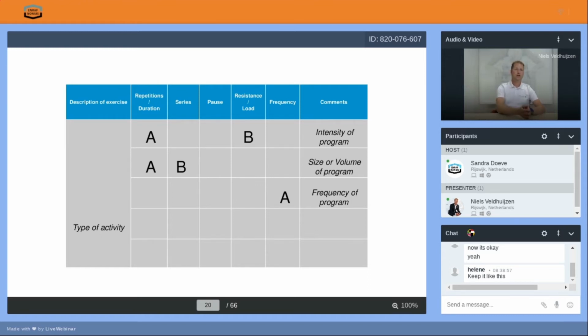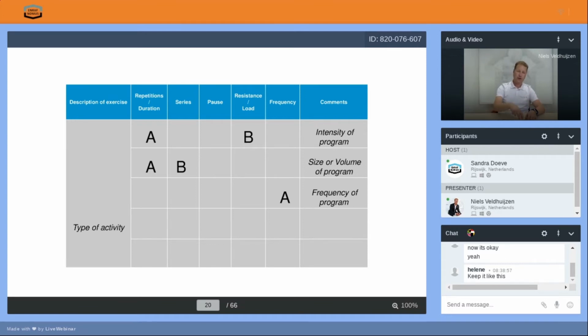You can either give an exercise with do 10 repetitions, or you could also say do the exercise for an X amount of time. The third row is the one about the series. So you do 3 series of 10 repetitions, or 3 series of 5 seconds, or 3 series of 20 seconds, whatever. The fourth row is the one with the pauses.